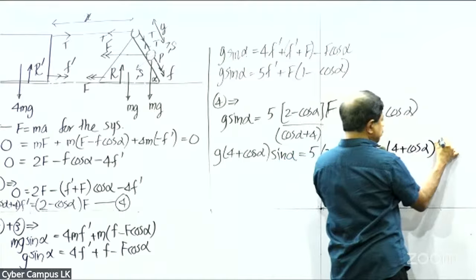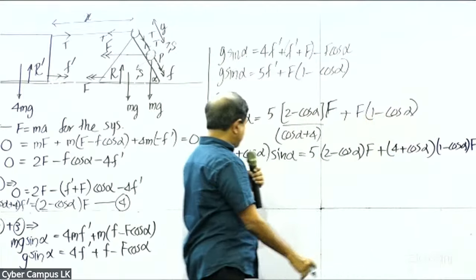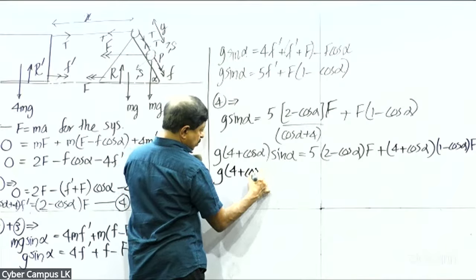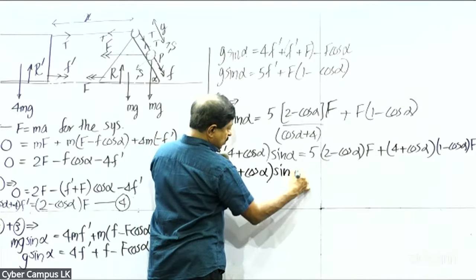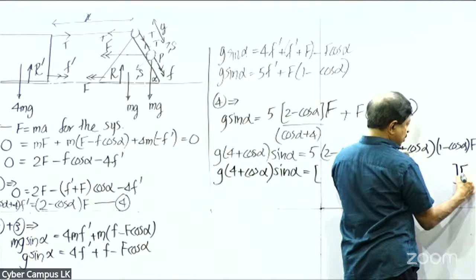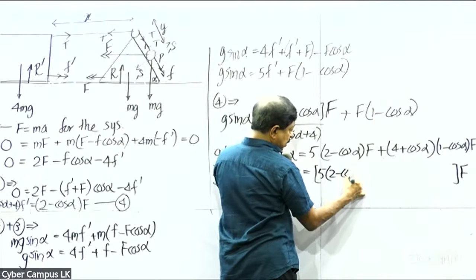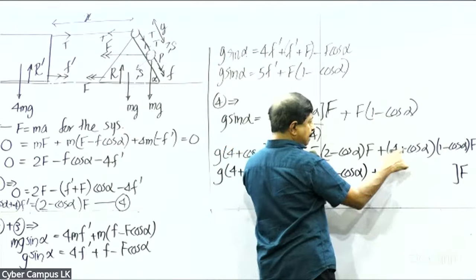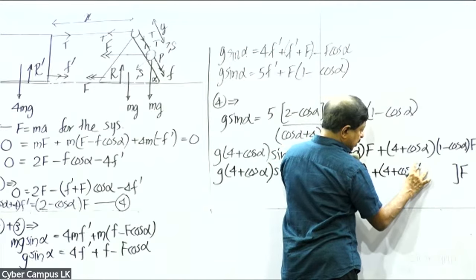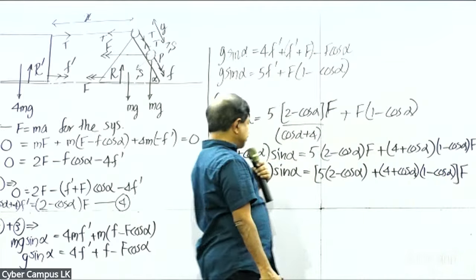Here you have 1 minus cos alpha times F. Here, if you pull out F from this, you get 5 times 2 minus cos alpha plus, here I have 4 plus cos alpha, sorry, 1 minus cos alpha.